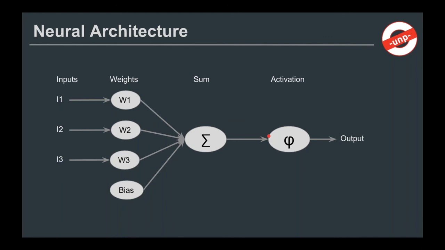Whatever it be, ultimately, again, tensors are flowing through some operations, hence the name TensorFlow. Okay, so a typical neural architecture looks like this. I have a bunch of inputs, it gets multiplied by a bunch of weights, it gets summed up and then put through an activation function, and finally we get our output.